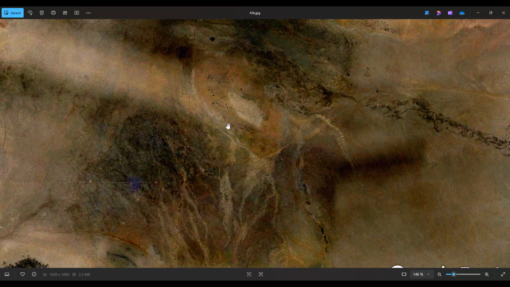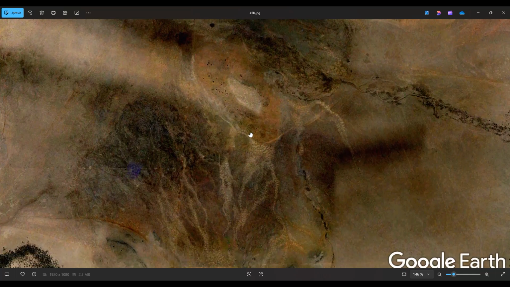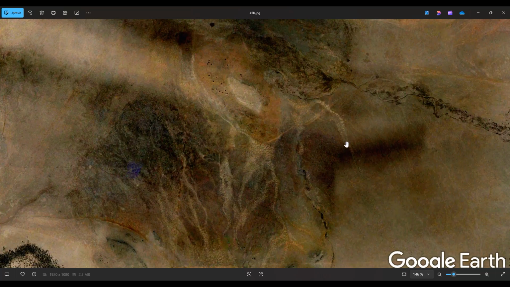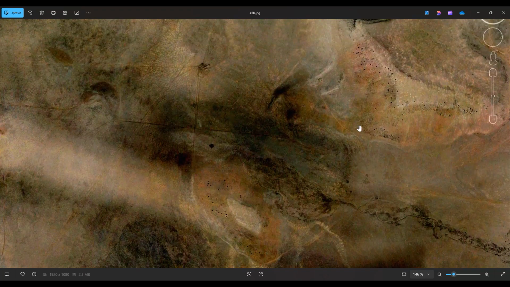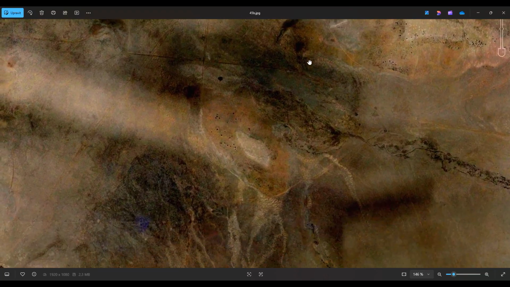Note the light-colored rock. A huge, hot blast of air literally melted and blew away part of the stone disc. We don't see anything like that in the upper part of the image. So the destruction must have come from this direction.